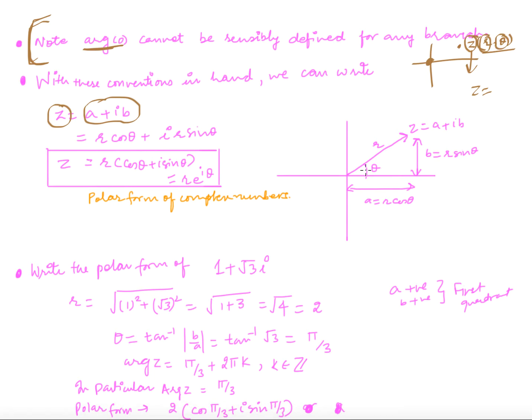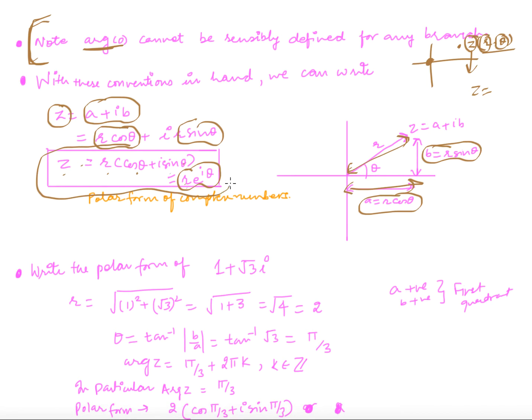So a is basically your, this is your a, this is your r. So your a is actually r cos theta and b is your r sin theta, right? So your z is r times cos theta plus iota sin theta. So z is r e raised to power iota theta, right? So this is the polar form of complex numbers, right?